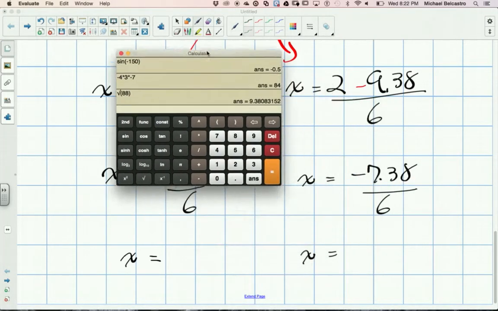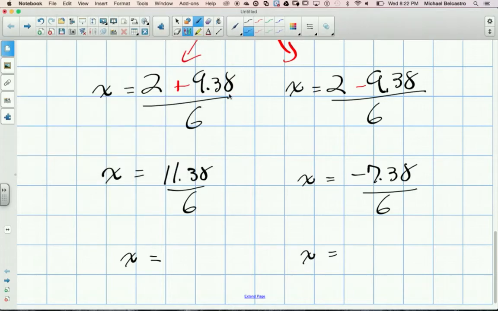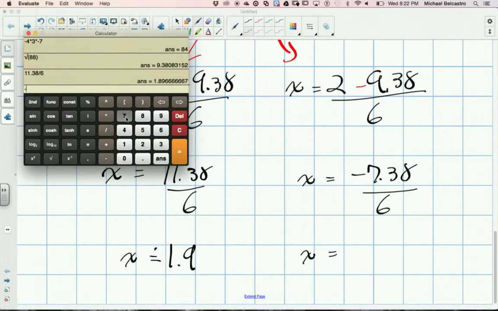11.38 divided by 6 is 1.89. It's approximately 1.9. And the other one, negative 7.38 divided by 6, is negative 1.23. That works out nice.